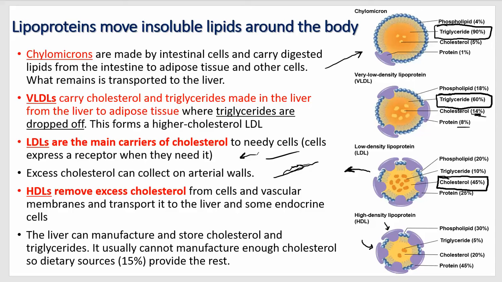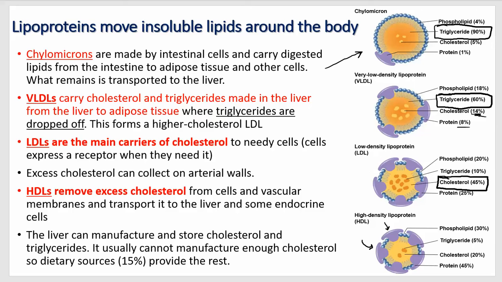So the LDLs are dropping off the cholesterol. They're the main carriers of cholesterol to needy cells. The cells express a receptor that says, hey, I need cholesterol, and the LDLs will respond to that and drop off the cholesterol. So the trouble, as I already mentioned, is that excess cholesterol can collect on the walls of the arteries. Their purpose is not to form atherosclerotic plaques. That is a problem. Their purpose is to drop off cholesterol.